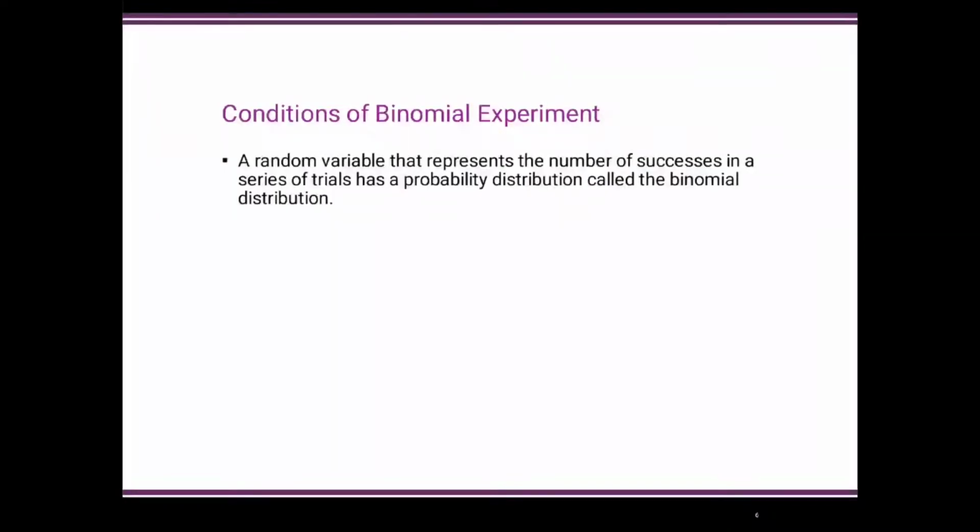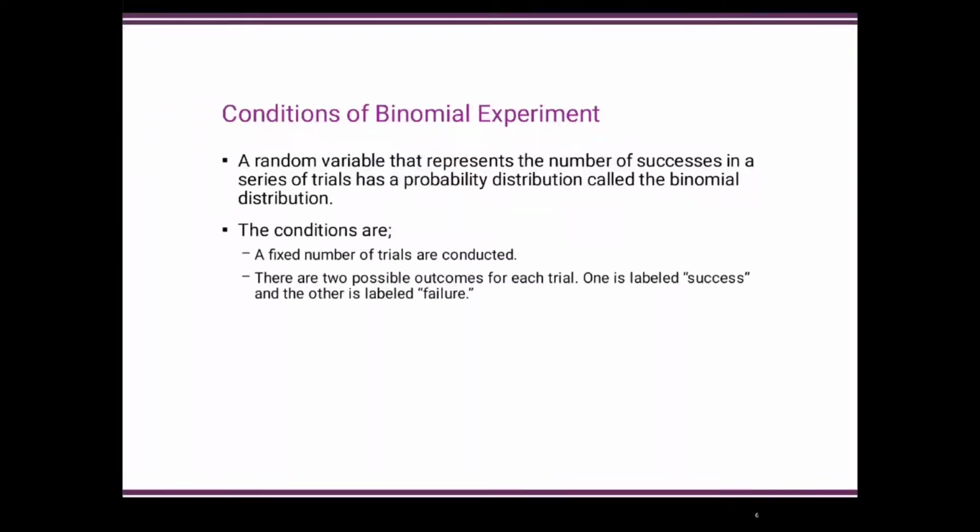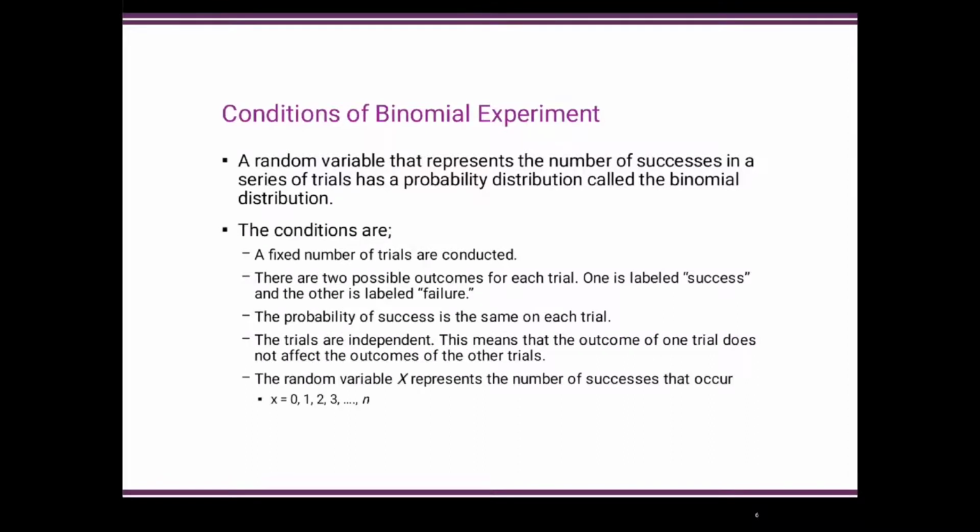What are the conditions of a binomial experiment? A random variable that represents the number of successes in a series of trials has a probability distribution called the binomial distribution. The conditions are: a fixed number of trials are conducted.